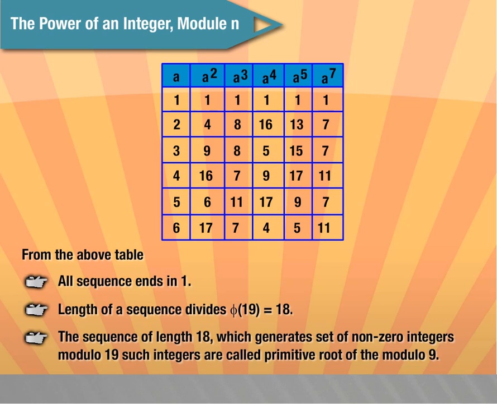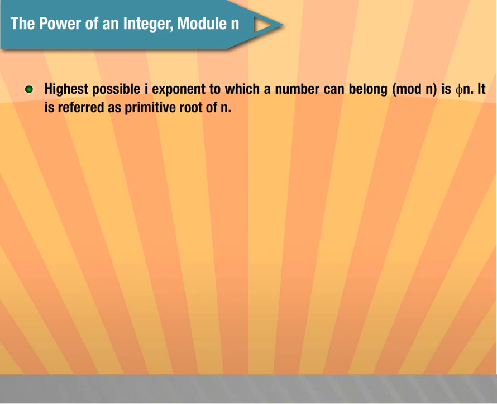The sequence of length 18 generates the set of non-zero integers modulo 19. Such integers are called primitive roots of modulo 19. The highest possible exponent to which a number can belong mod n is phi of n. It is referred to as a primitive root of n.